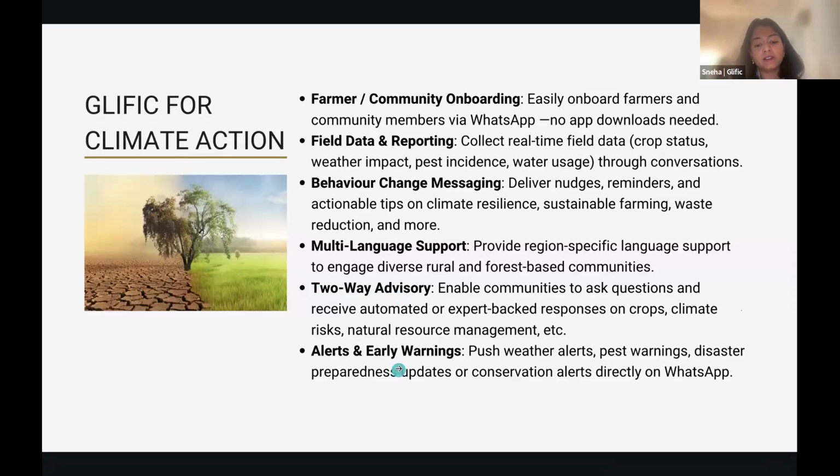Another thing is it allows you for alerts and early warning. For example, you want to send a farmer what the weather is going to look like for the next 7 days, and based on that, he can plan and prep things on his field. So you can send weather updates, pest warnings, disaster preparedness updates, or conversation alerts directly by WhatsApp.